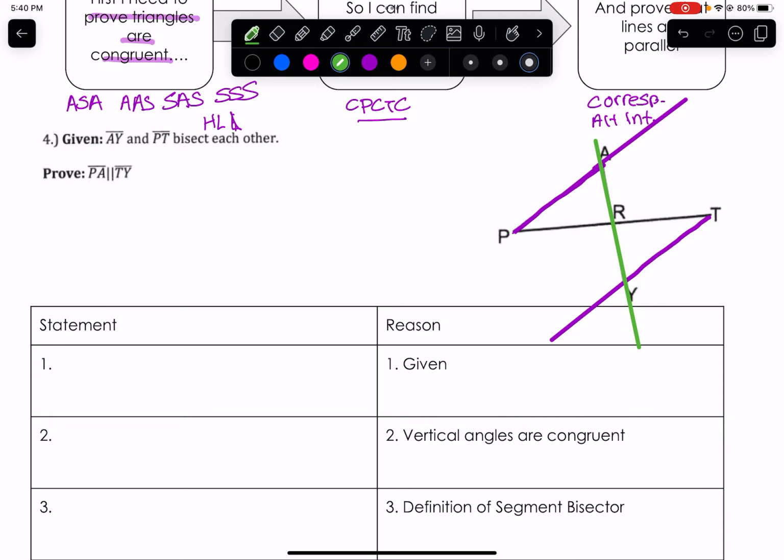So if we look at the angles that are inside, I would need to prove that these two are congruent, because that would say that alternate interior angles are congruent, therefore the lines are parallel. But I don't know that yet.